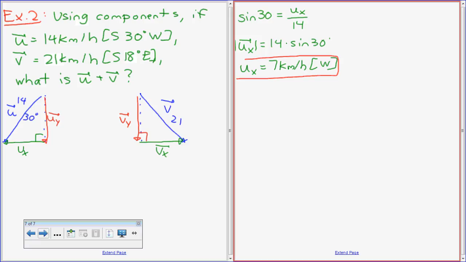Okay, Tanner, since you're going to be gone on Monday, can you solve for uy for me, please? Cos 30 equals uy over 7. Very good. 6.06. Over 14, right? Over 14. So uy equals 14... You said 6.06?